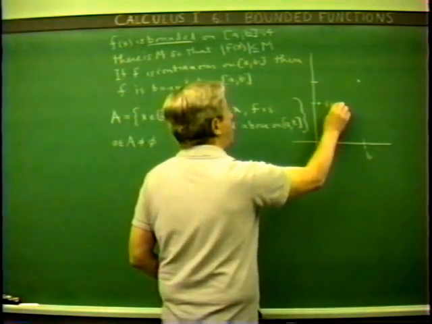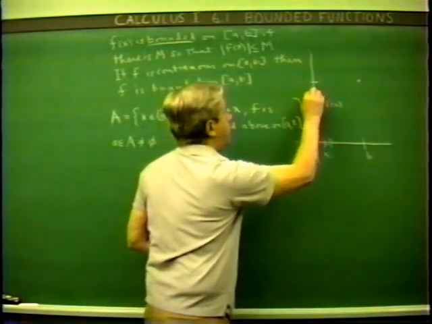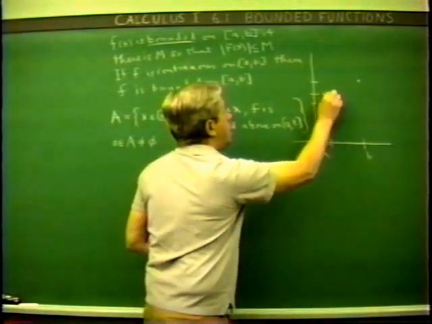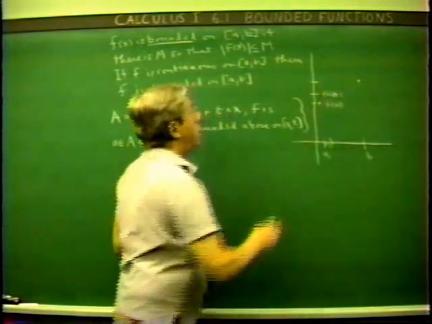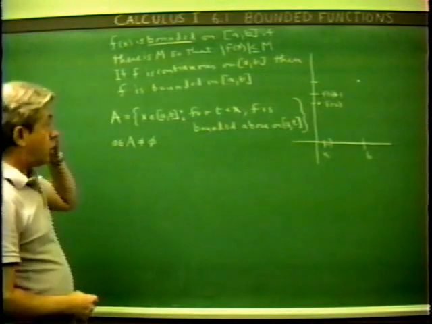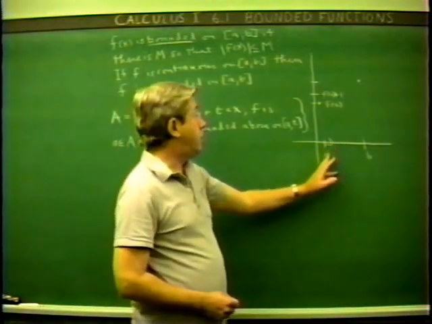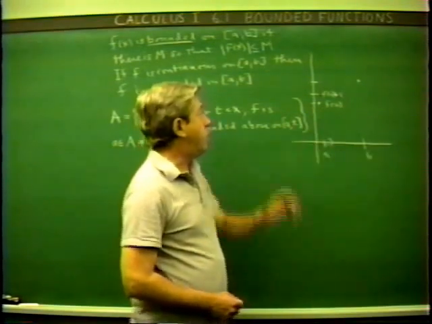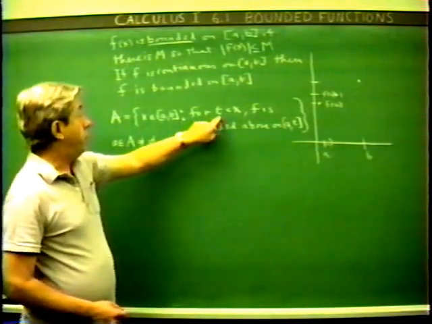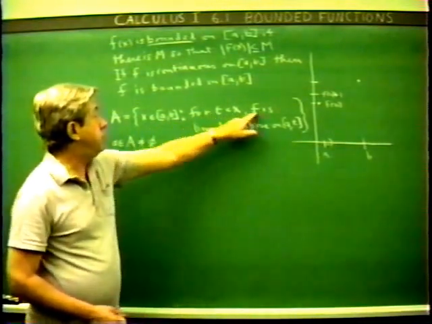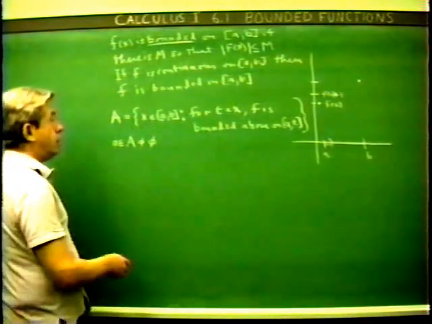So here's f of a, and all of them are between f of a and, let's say, f of a plus 1. Okay, so that means that there is, at least on the interval from a to a plus delta, where delta, of course, depends on a, f is bounded. So the set A of x, where the function is bounded above for t less than x, is not empty.